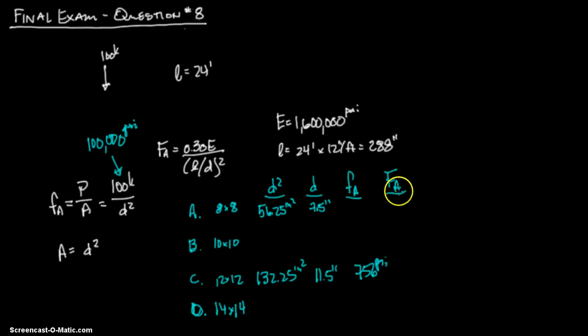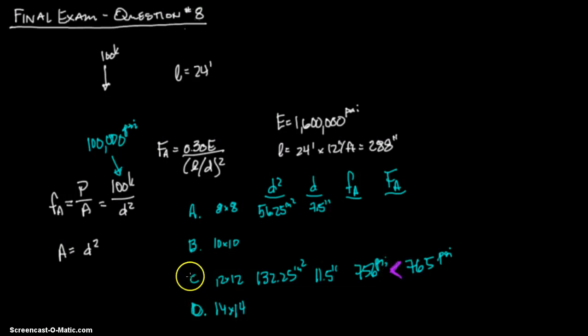The allowable is 0.3 times E, which is 1,600,000, divided by, open parentheses, L, which is 288, divided by D, which is 11.5, squared, and we get 765.3, or 765 is fine. Let's say PSI. And that just barely works because our allowable is greater than our actual, and that's what we want.